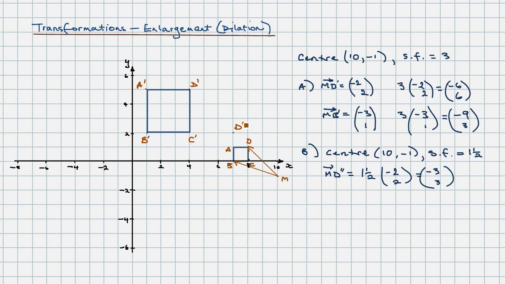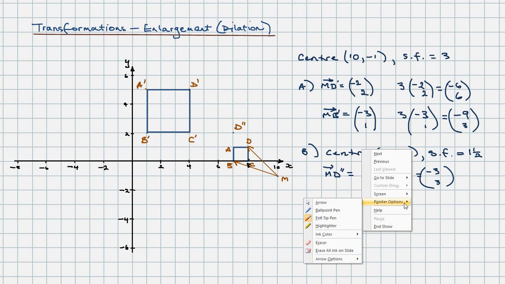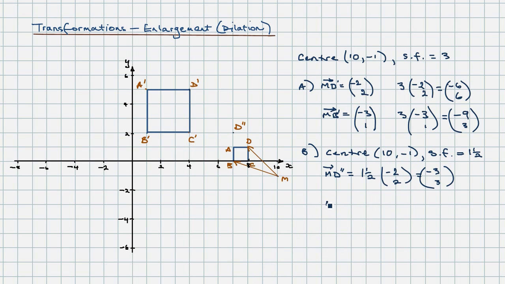Okay, now what about M to B prime prime? It's going to be derived in the same way. This time the vector is minus 3, 1. So we've got 1.5 times minus 3.